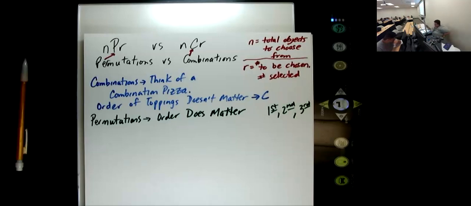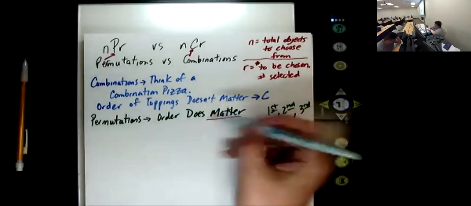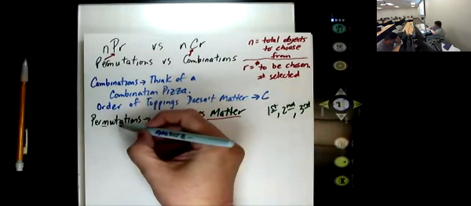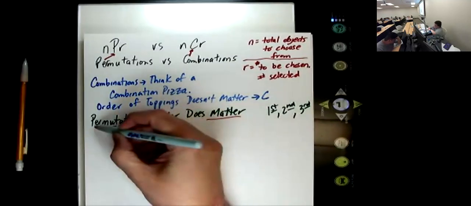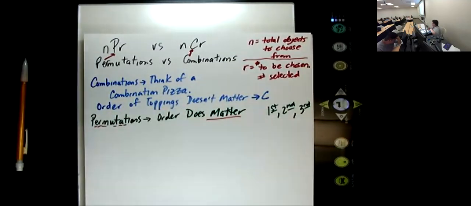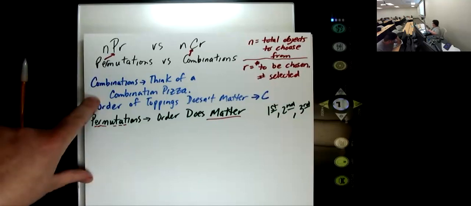So order does matter. It's kind of interesting, it actually has the letters for matter in it. M-A-T-T-E-R. I don't think that's the easy way to remember it, but it was a fun observation a student made one time. I think the combination pizza makes sense, since the order doesn't matter on that one.